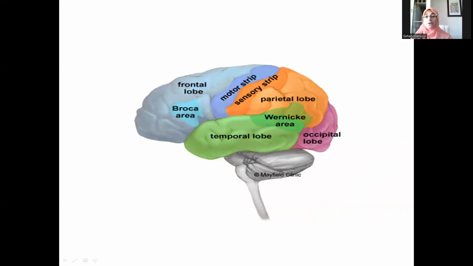Here we can see some important centers on the brain. I might give you the picture without the labels on it, and tell you to highlight the central sulcus. So this is the central sulcus.